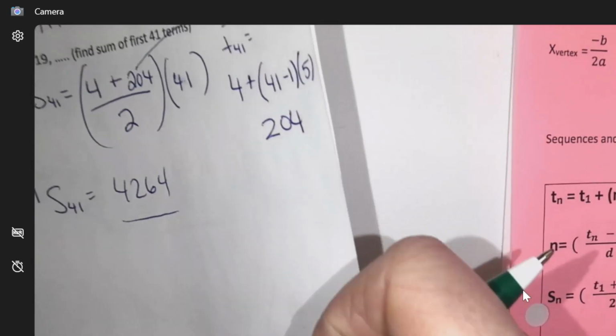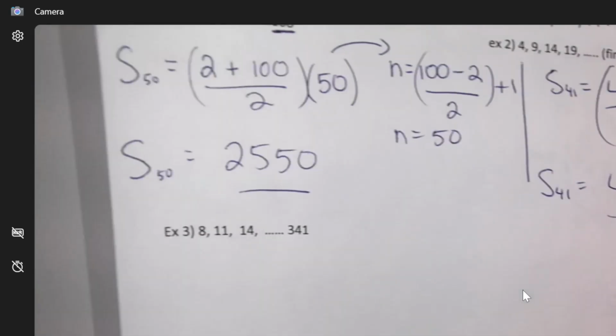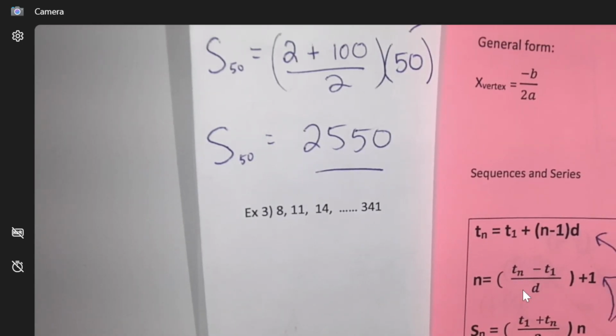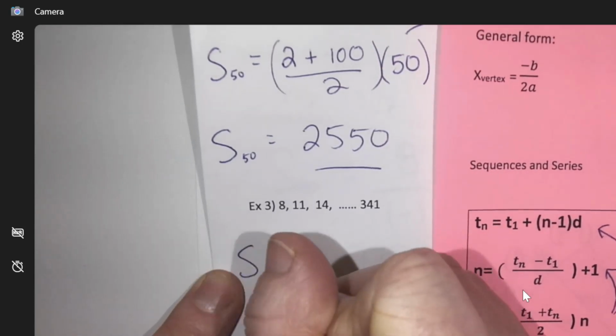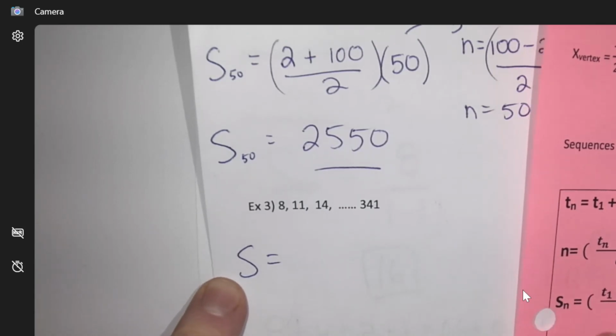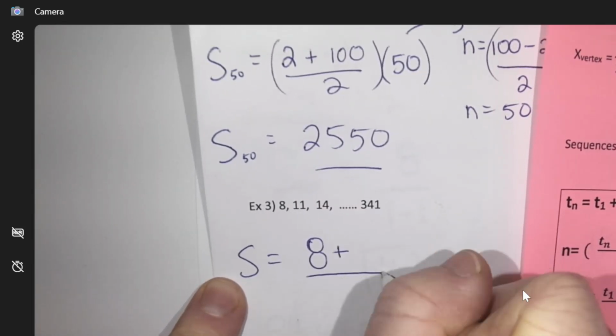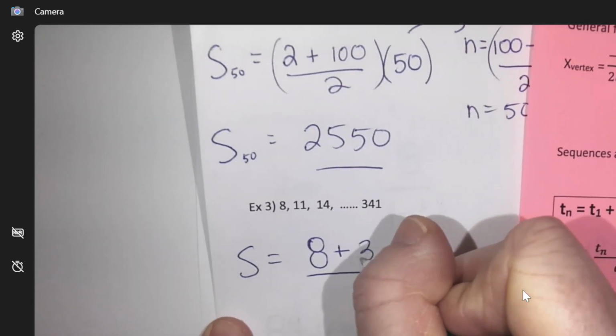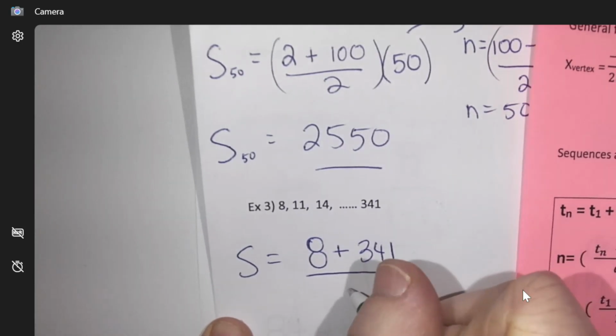Okay, last one and then you're on your own. I want to figure out the sum. So here's my formula. Sum equals the first term, so that's the 8, plus term n, the last term. So the last term is 341.